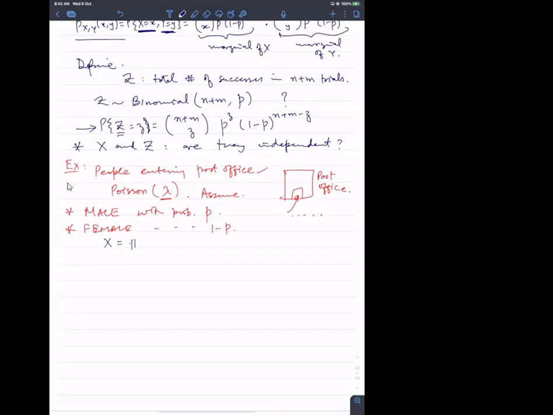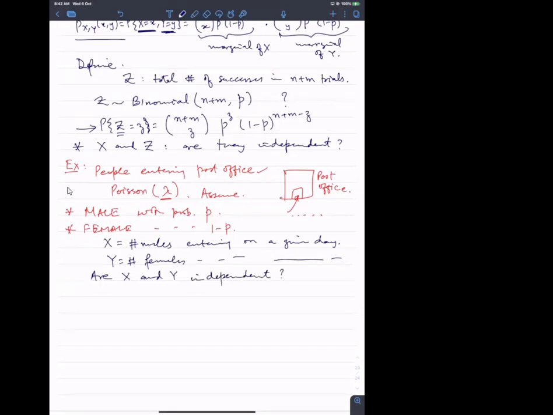So X is the number of males entering the post office on a given day, and Y is the number of females entering the post office on the given day. The question is, are X and Y independent?